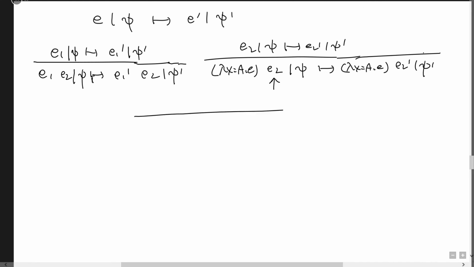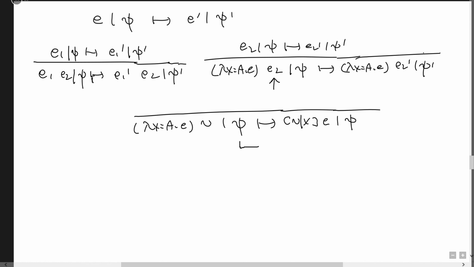Finally, the third case is also easy. Lambda x e applied to value v. Let's say the current store is psi. Then it's time to apply beta reduction. So v for x in expression e under psi. In this case, there is no change to the store because beta reduction has nothing to do with the mutable references or locations. So we carry the same store over here.